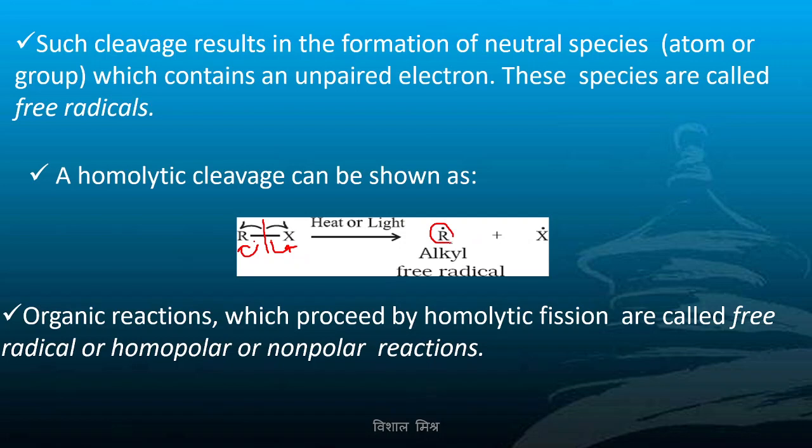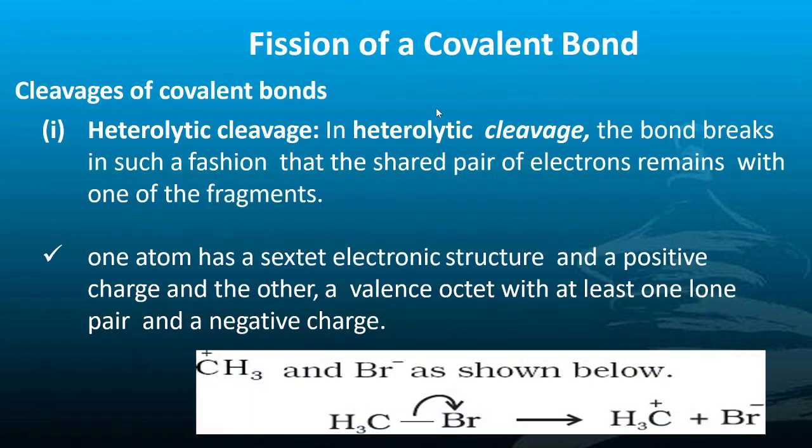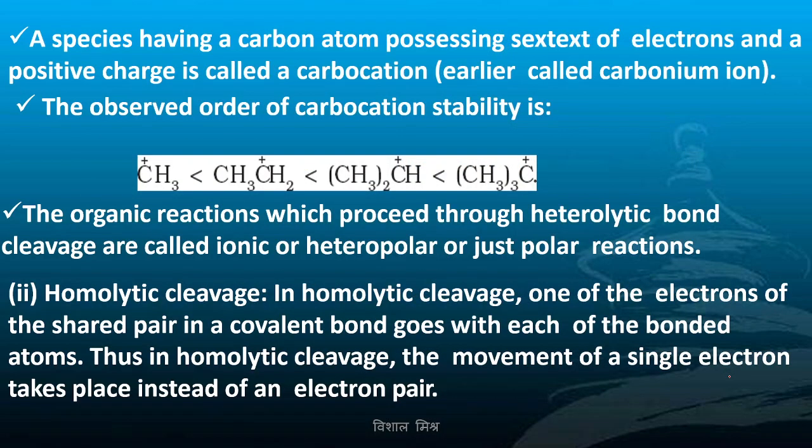We get a free radical. A species which has an unpaired electron on it in the free state is known as a free radical. But in the case of heterolytic cleavage, both the electrons are completely taken by one atom. So one bears a positive charge, the other bears a negative charge.